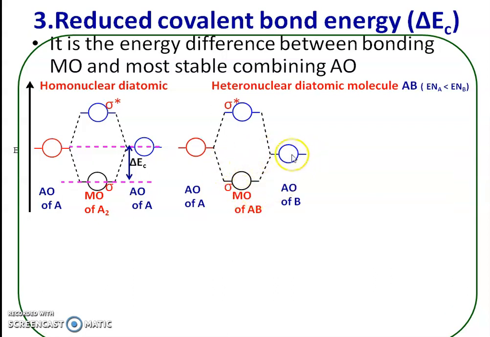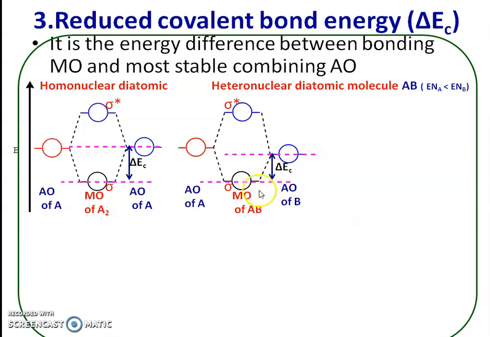And this atomic orbital, that is the atomic orbital of the more electronegative atom, has less energy and is comparatively the most stable, and this is the energy of the stable atomic orbital, and this is the energy of the bonding molecular orbital.